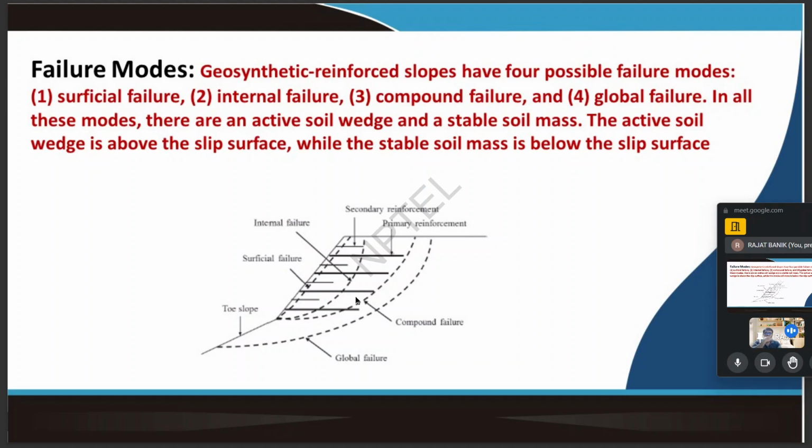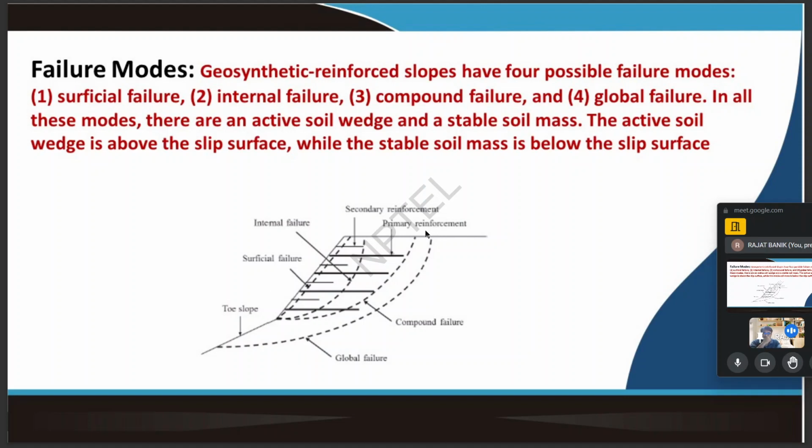failure modes. So we can see that internal failure is happening due to the geosynthetic material, which geosynthetic material you use, whether it comes to our requirement or not. Then superficial failure happens at the face of the slope.